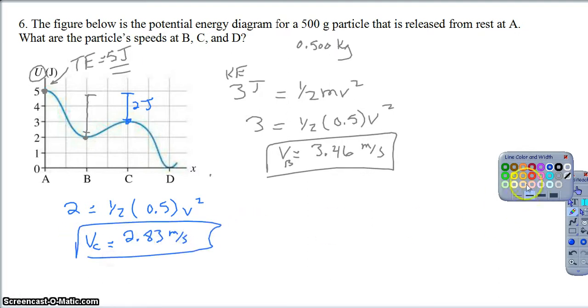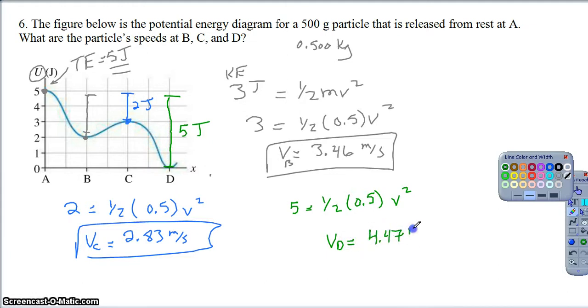And then finally for point D down here, at that location all 5 joules are kinetic energy. So 5 equals 1/2 times 0.5 times v squared, and my velocity at point D ends up being about 4.47 meters per second. Hopefully this question is pretty easy to work with once we've established that relationship between energies.